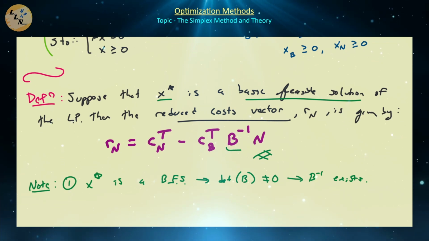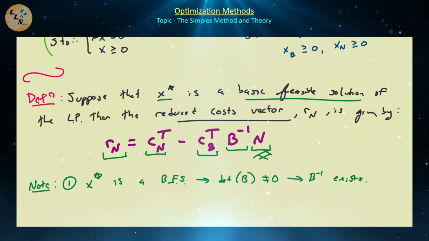Now you may want to investigate, for example, the dimensions of each of these vectors and also the dimensions of what R_N should be.